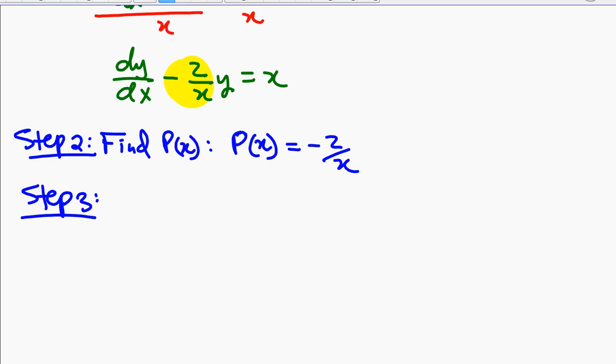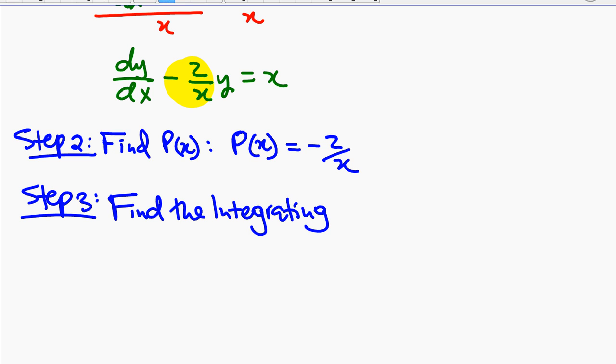Step 3, find the integrating factor. Now the integrating factor here is e to the power of the integral, and this is in your formula booklet, of p(x), and p(x) is negative 2 over x dx.